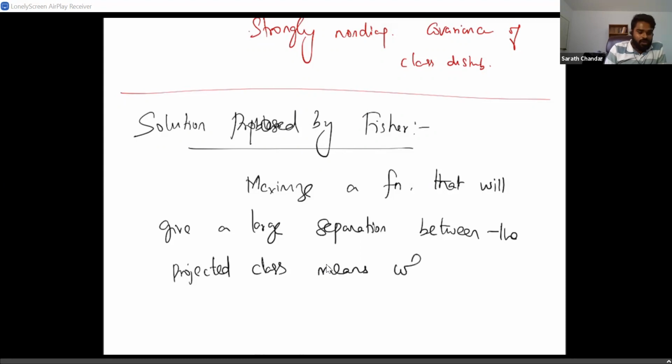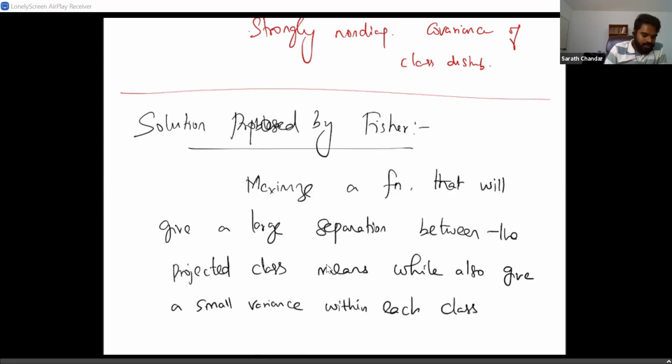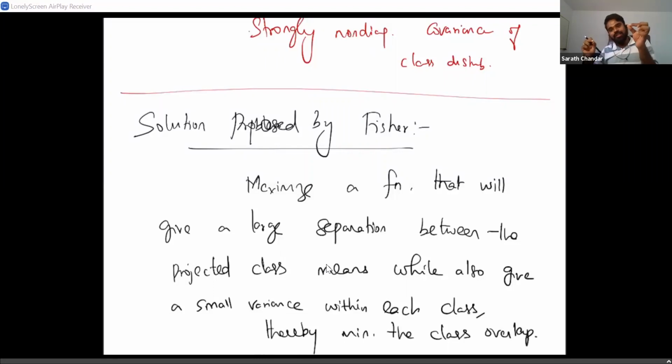He says, while also give a small variance within each class, thereby minimizing the class overlap. So it is not enough if you just maximize the distance between the means.